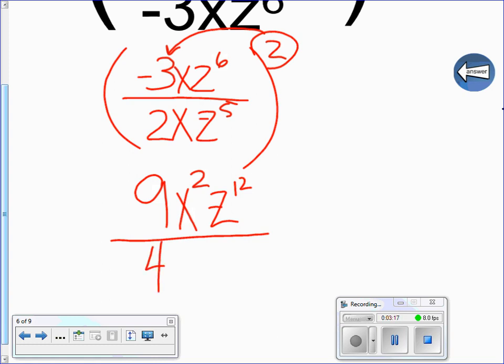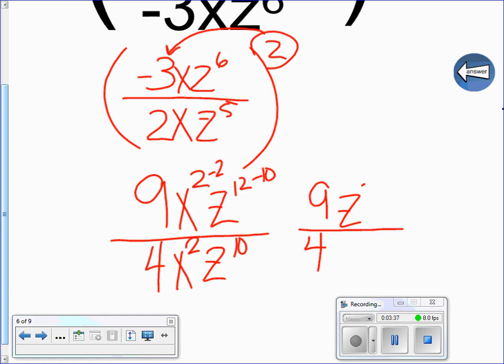X to the 1 times 2 is x squared. Z to the 10th. Now we need to simplify. The 9/4 doesn't change because I can't simplify that. X squared minus 2 would be x to the 0, so we don't need to write that. And z to the 12th minus 10 would be z squared. There's my answer.